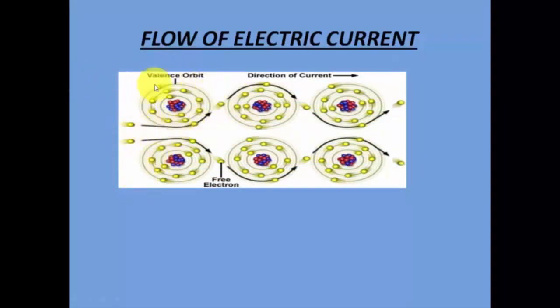See, this is one atom, and in one atom the nucleus is this, which consists of neutrons and the protons. And these are the orbits, and in this outermost orbit you see this is the electron here, and you have one electron. Then you have another atom in which again you have one nucleus, and in the orbits you have electrons.